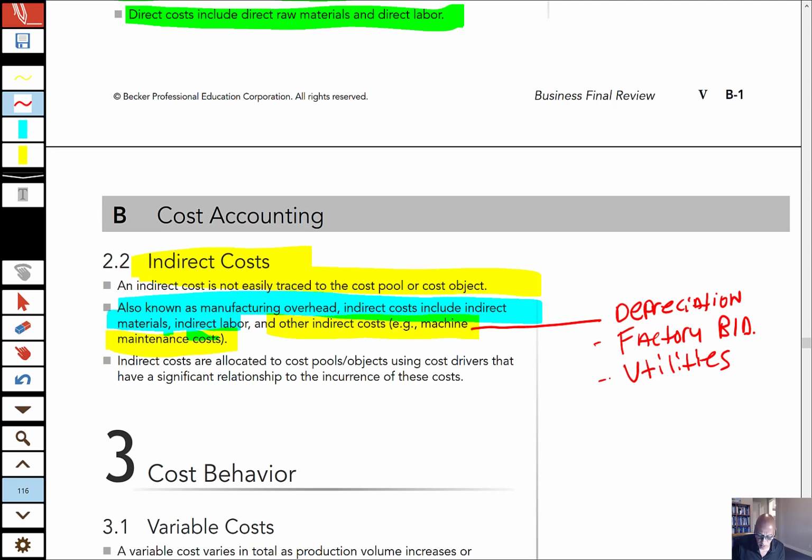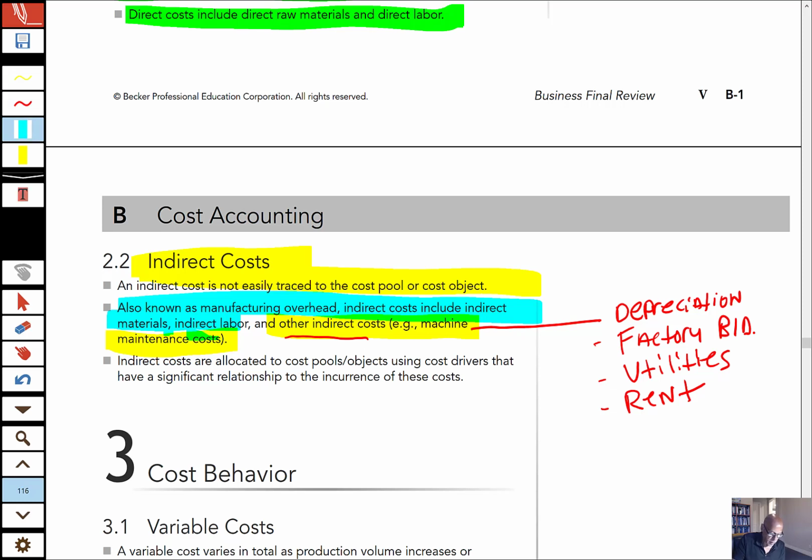What else? This is where I need you guys to throw in an example for me, but utilities is a good example. Rent was the other one I was trying to think of. Rent on the factory building. All of these things would be considered the other indirect costs that have to be allocated to our work in process.